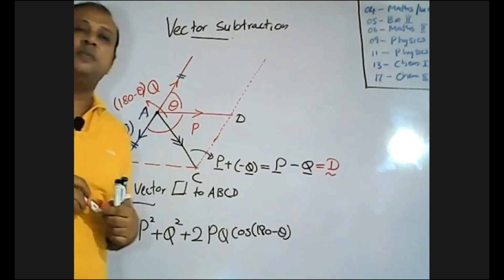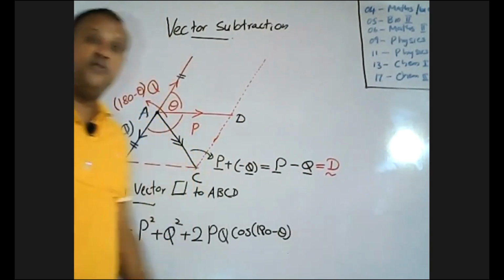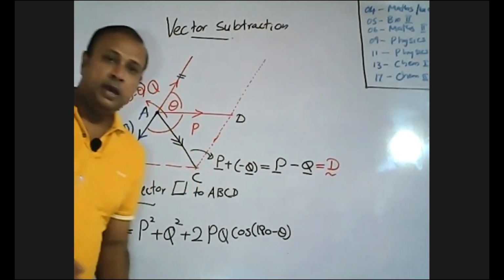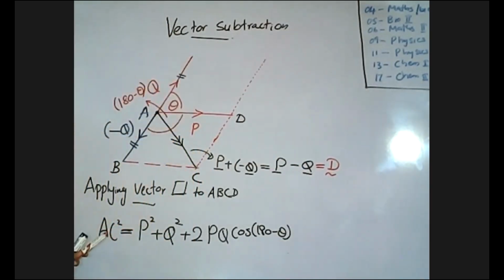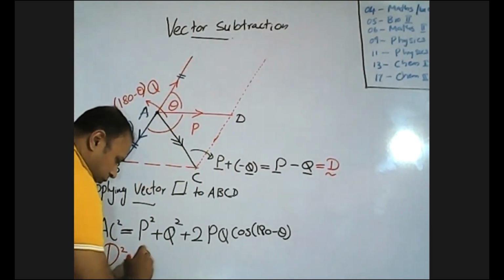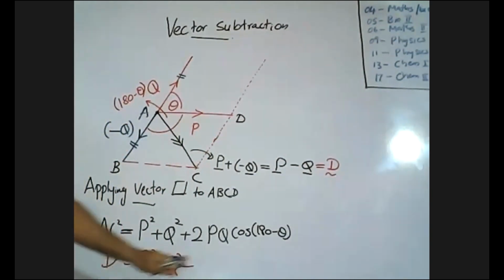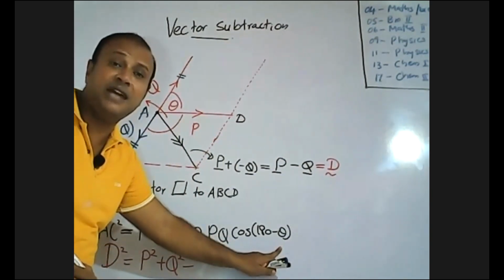Normally, resultant is represented by R and subtraction is represented by D. So D squared is equal to P squared plus Q squared plus 2PQ cos of 180 minus theta.